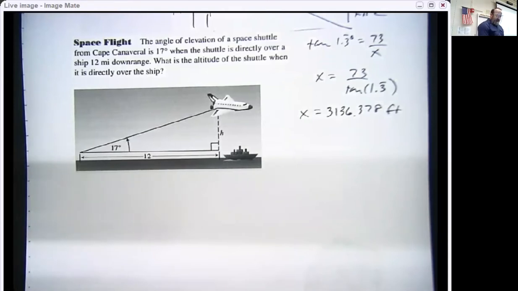Let's try to set it up first. Sine, cosine, or tangent, what do you think? It's a tangent, sure.